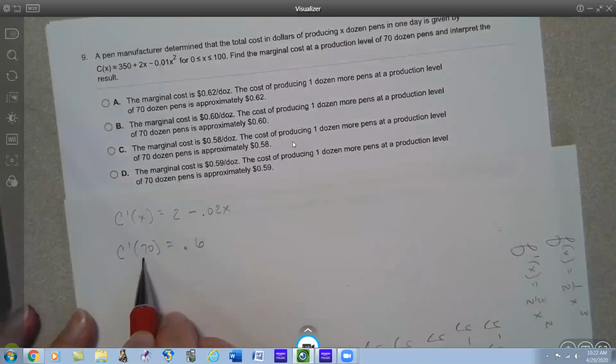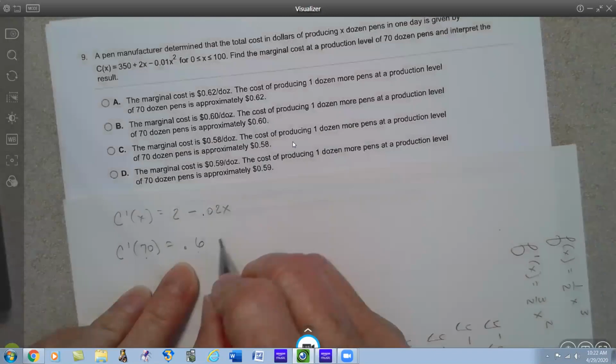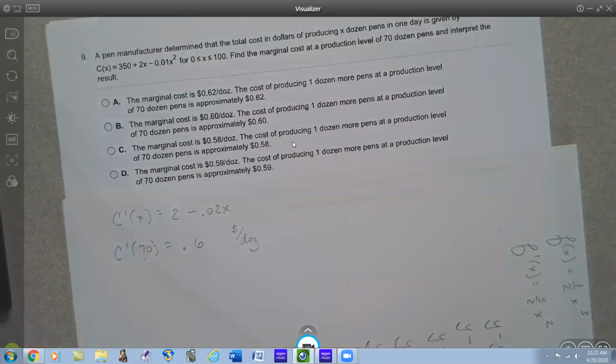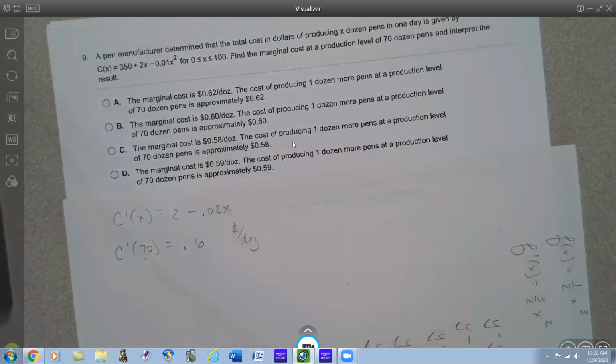So the X is pens. This is cost. When you get the derivative, you're getting slope. And remember, that's Y's over X's. So to interpret this, that is your money per dozen. But guys, the only one I see that's anywhere close is B. So you see marginal, you get derivative.